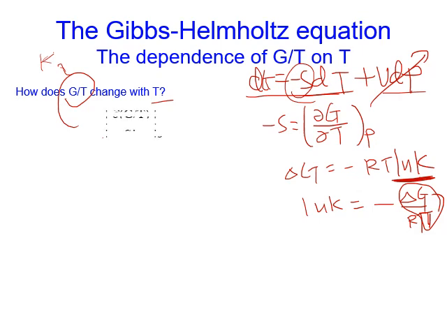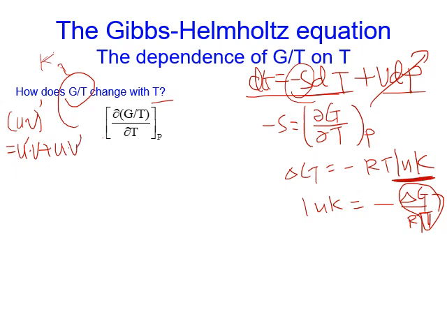We look at the derivative of G over T with respect to temperature. In calculus, for a product U times V, the derivative is U derivative times V plus U times V derivative.